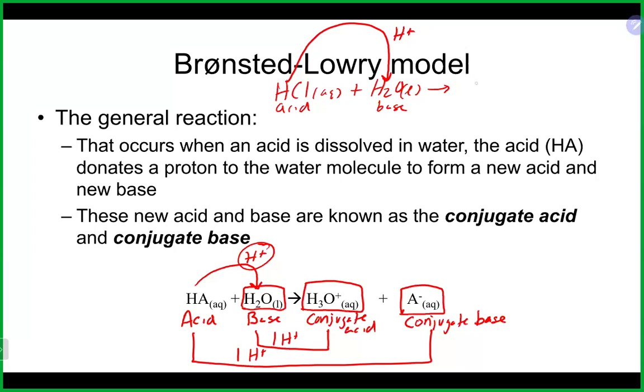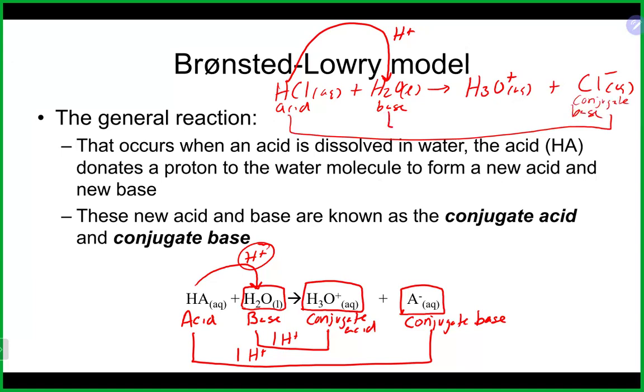That is going to create H3O plus over here when the water gains it, and my HCl will lose an H plus and become Cl minus. So this is the acid. Over here is the conjugate base. This is the base. H3O plus is the conjugate acid.